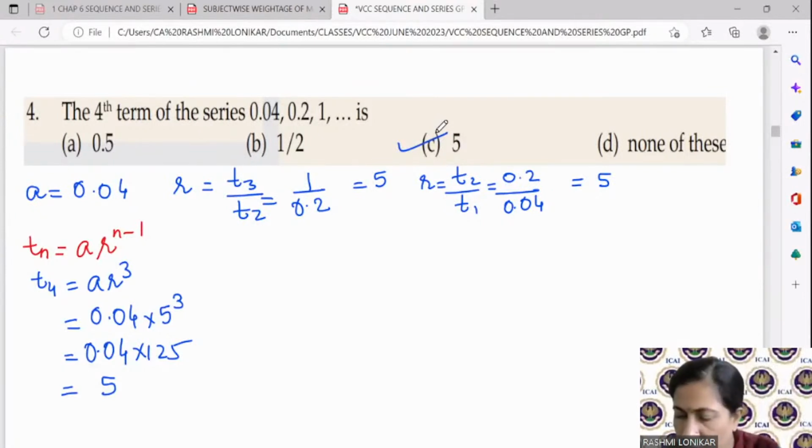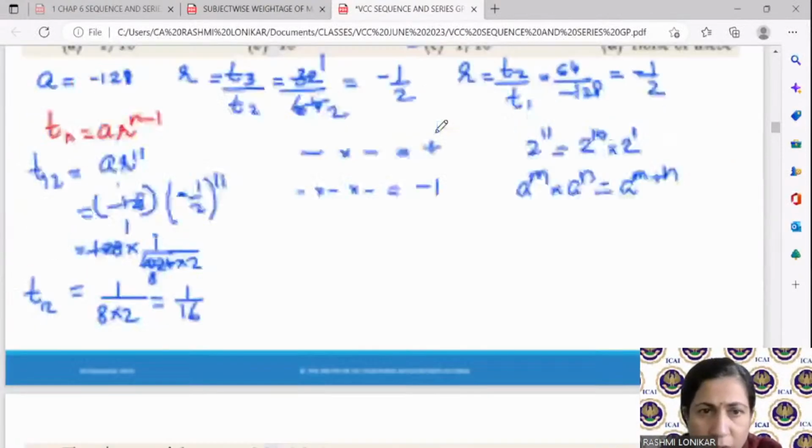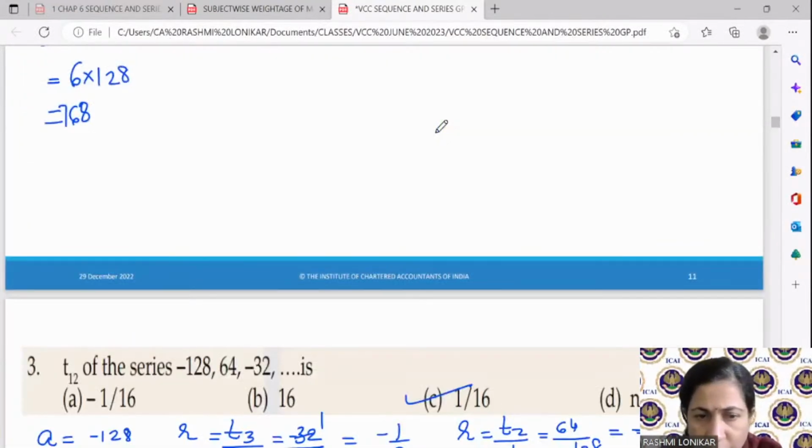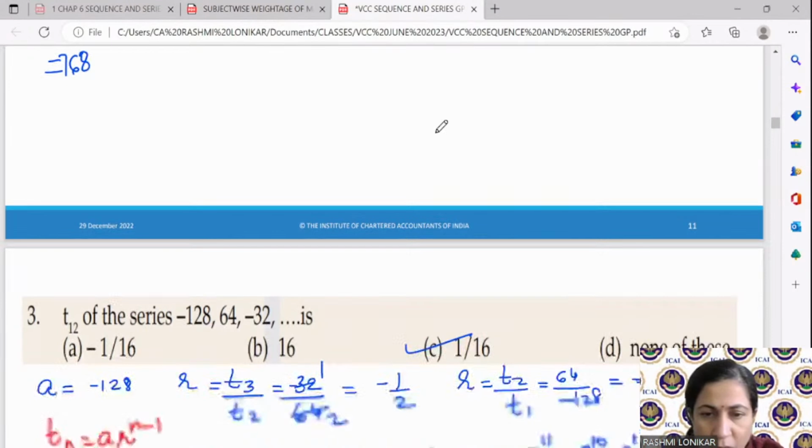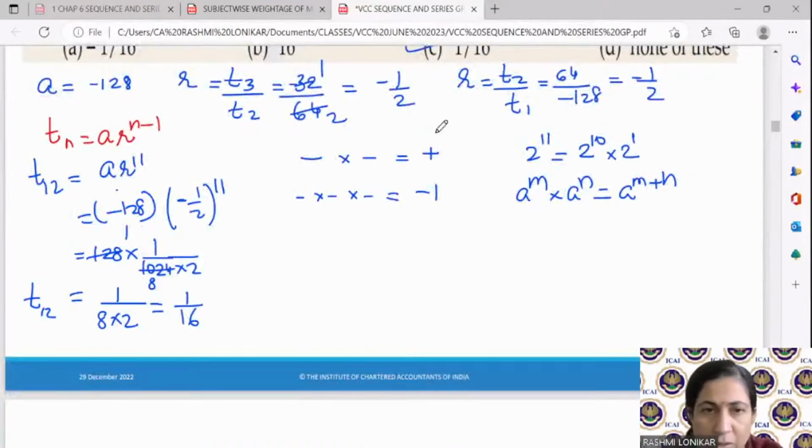So these three sums. Oh wow, very good, very good. Aryan, which sum are you saying? No, Aryan, it will be minus into minus plus. So it will be plus 1 upon 16, not minus 1 upon 16.